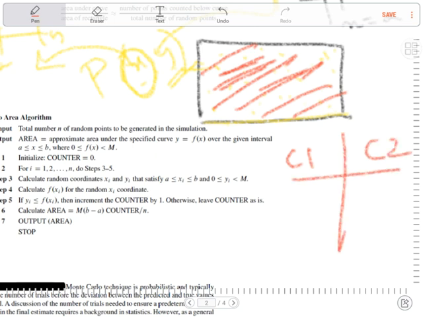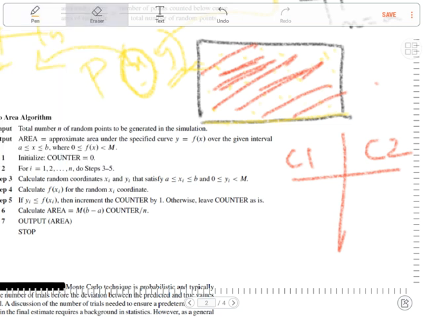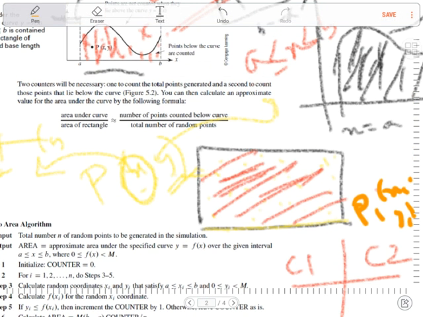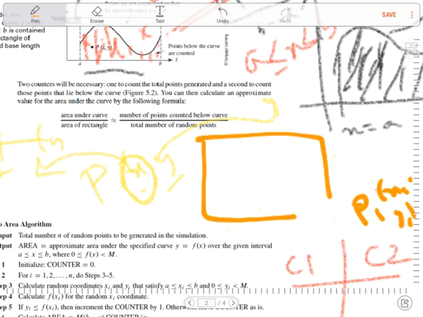As soon as I generate one x and one y, say x1, y1, I generate one point P1 (x1, y1). Obviously I am generating something within this rectangle, with height m and breadth b minus a.